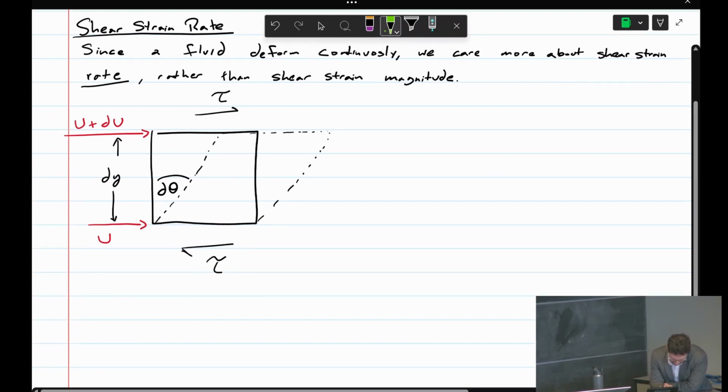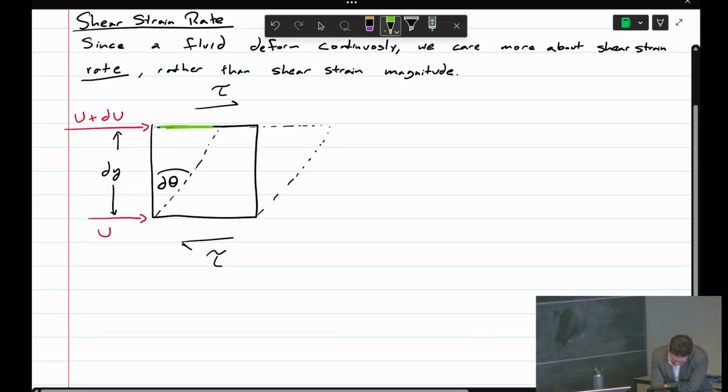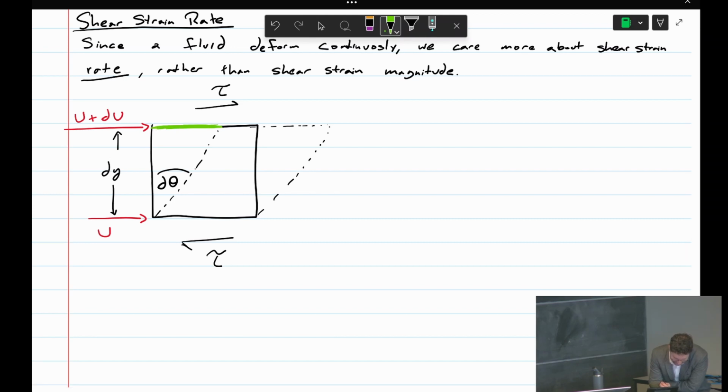So this length here, the green length, only depends on the difference between the velocity at the bottom of this element and the top of this element. Since this element moves in space, it's only the difference of velocity across that element that will produce that angular change.